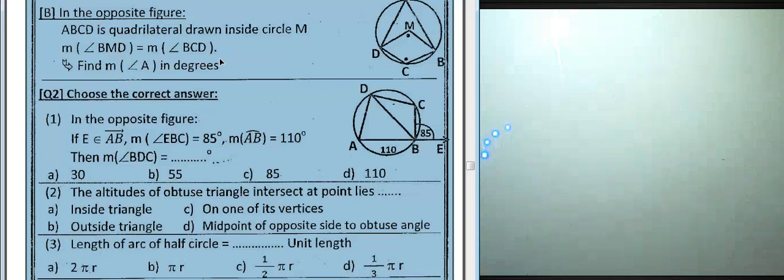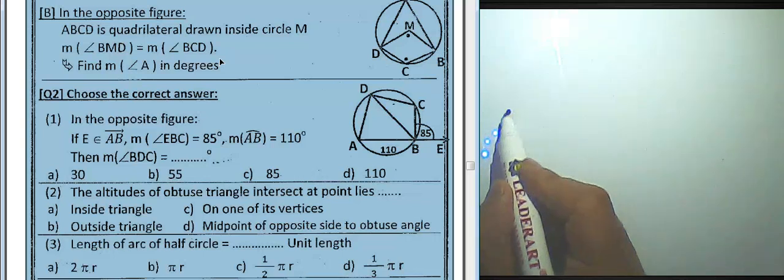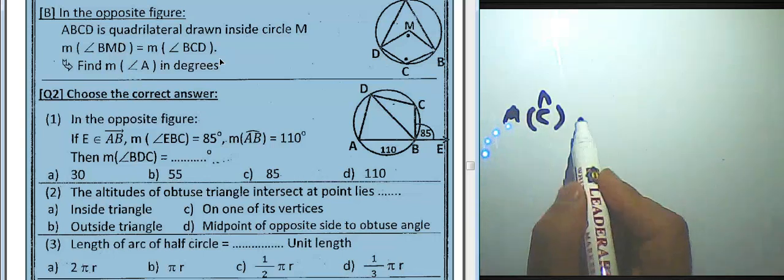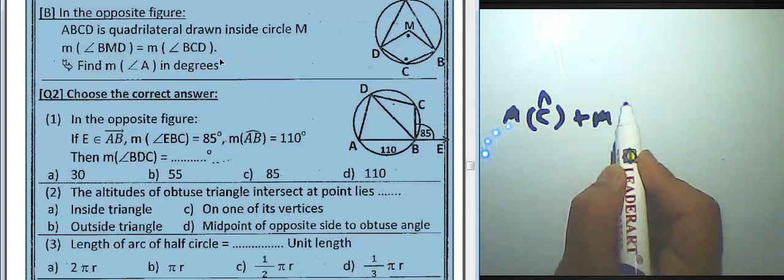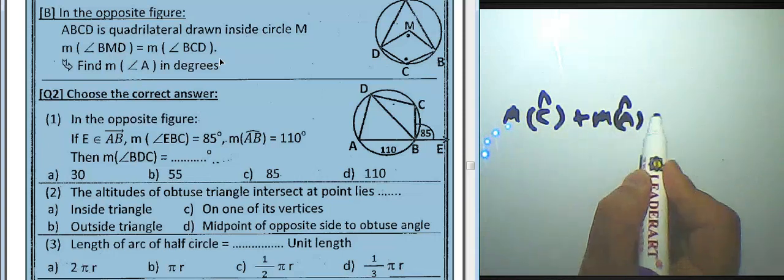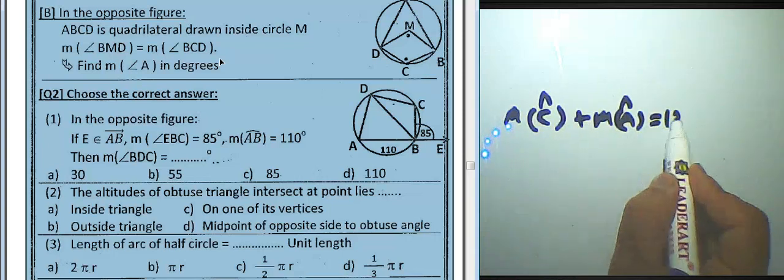Look at here. We know the measure of angle C plus the measure of angle A equals 180 degrees.